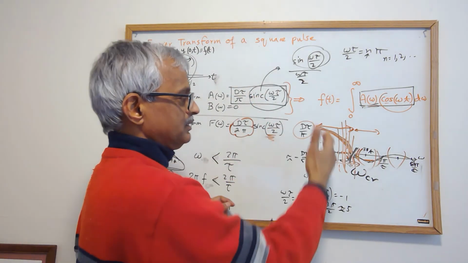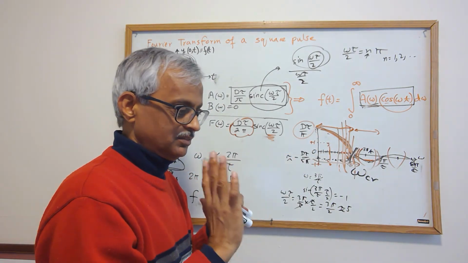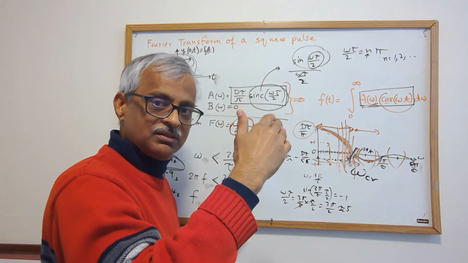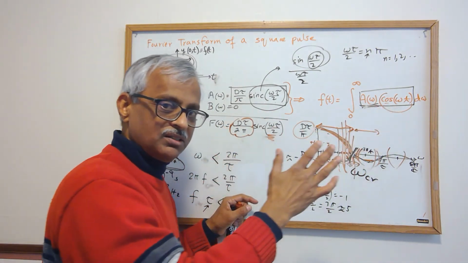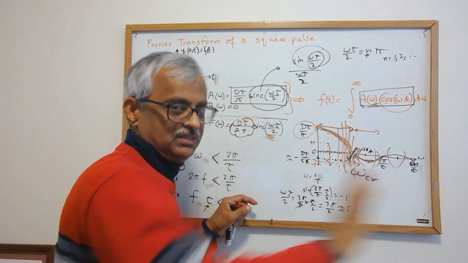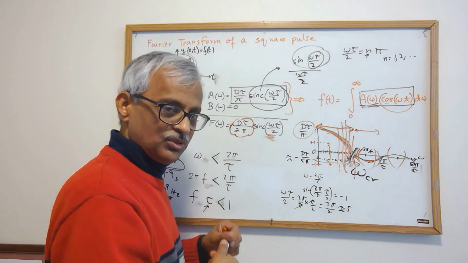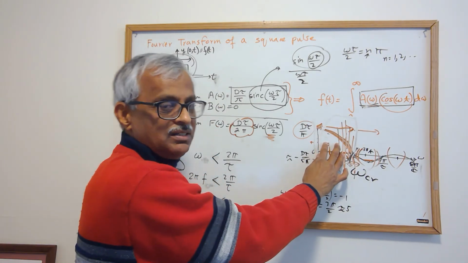if I'm thinking in terms of harmonic oscillators, writing a pulse in time as a superposition of harmonic oscillators, then I don't need all frequencies to construct the pulse. Up to this frequency would construct a very large percentage of the pulse itself.